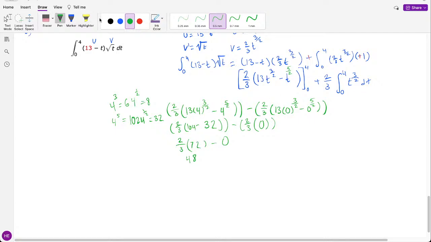So we do need to add in that other part. So we'll have plus 2/3 times the integral here, and that one should be simple.